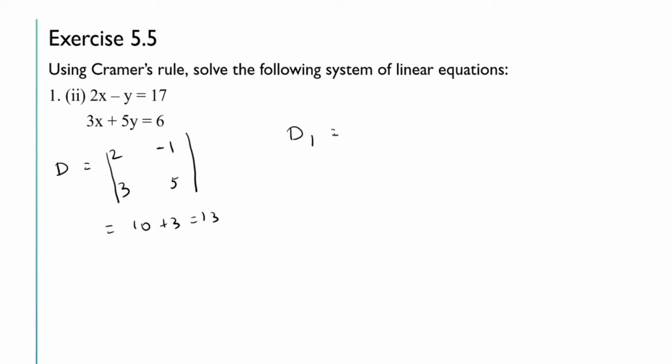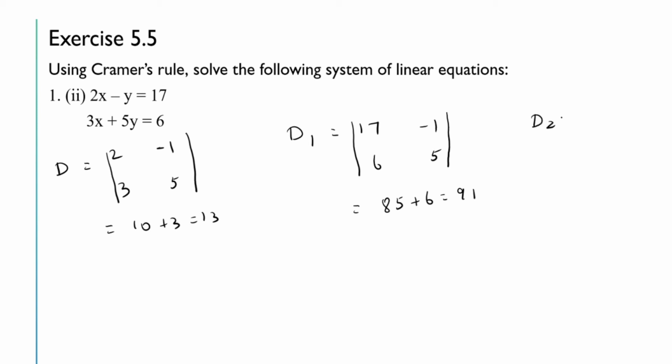Then D1 is, here in place of the coefficient of x terms, we have to substitute the constant terms. 17, minus 1, 6, 5. So this is equal to 85 minus of minus 6 is plus 6. So it is equal to 91.